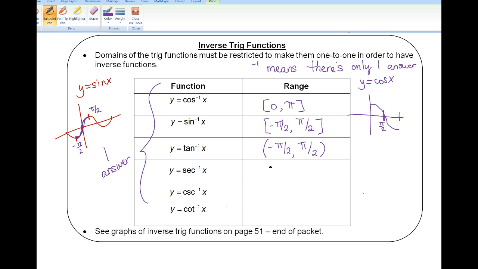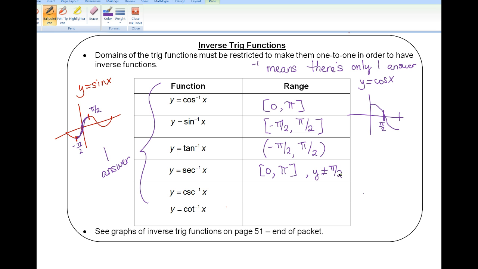Secant goes from 0 to pi, but you can't have it equal to pi over 2. Why? Because at pi over 2 there's an asymptote there. So it goes from 0 to pi, but y can't be equal to pi over 2.